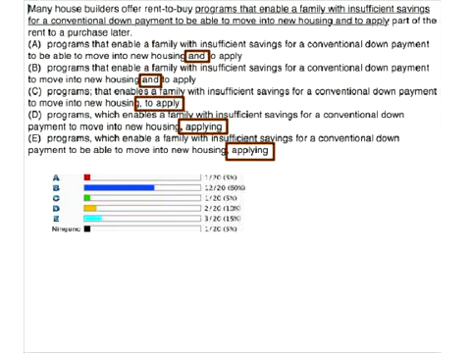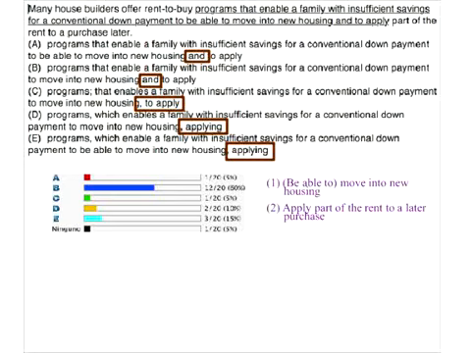The number one thing that it lets them do is be able to move into new housing, or just move into new housing, depending on which choice you pick. And then the other idea is to apply part of the rent to a later purchase.